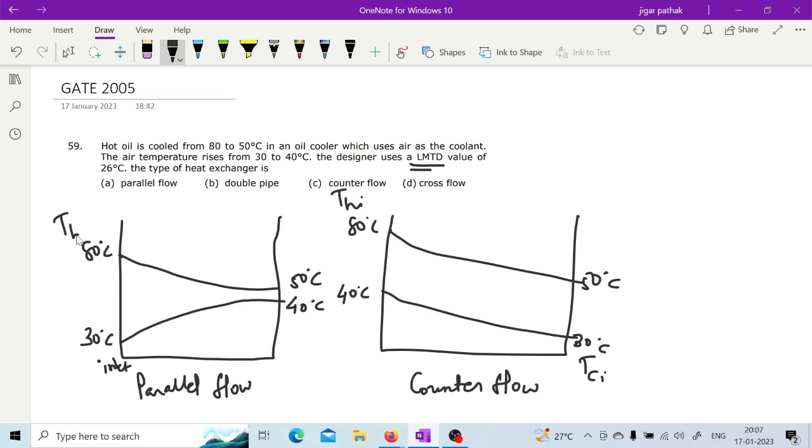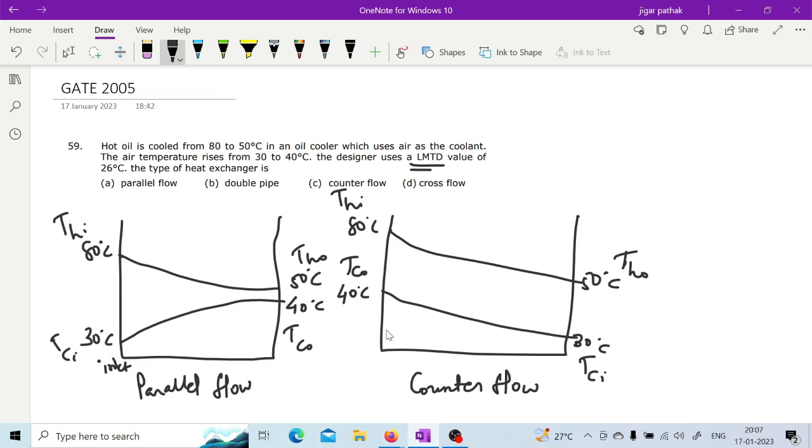This THI and TCI, so this TH out, TC out. Similarly here TH out, here TC out. So are you getting this? How we have come up to this? Is it clear to everyone?